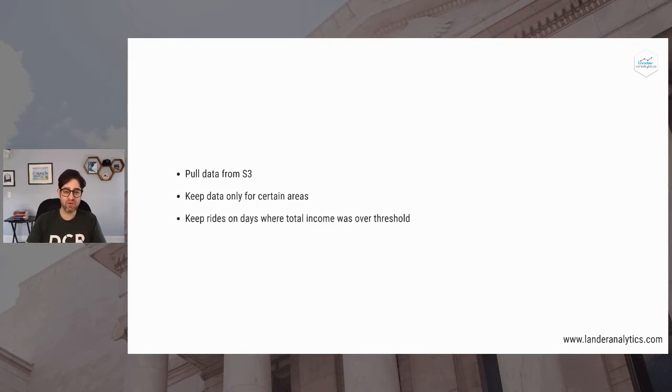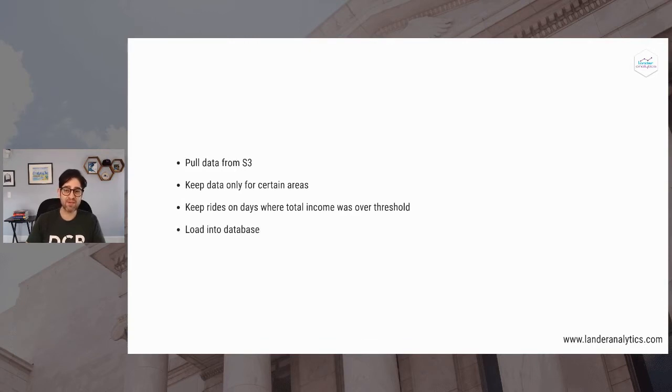And then we want to only keep rides which are represented by a row where all the rides for that given day were over some threshold, say $6 million. So if all the rides across all taxis for a given day was over $6 million, keep the rides for those days and not other days. Then we want to load our cleaned up, ready to go data set into a database.